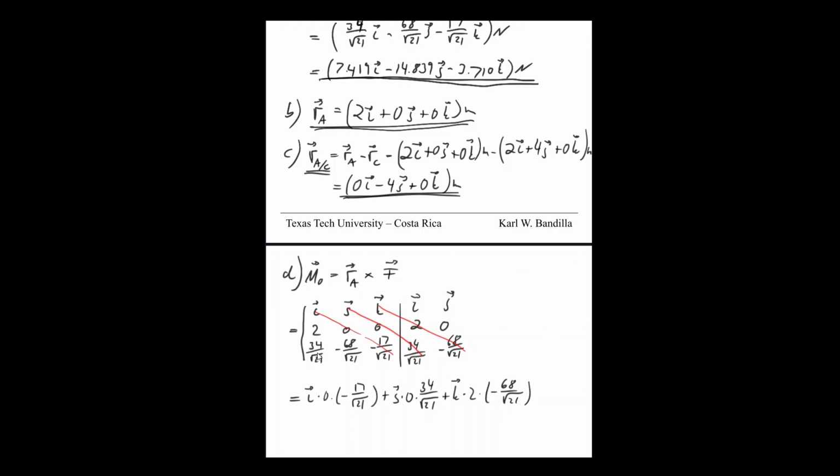And then the next is another 0, so it'll be minus 34 over square root of 21 times 0 times k. And another 0, that'd be minus, let's be careful we don't miss one of the negative signs.